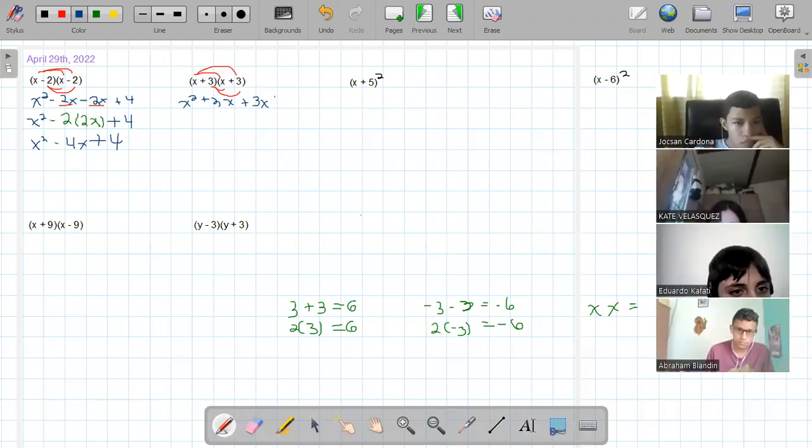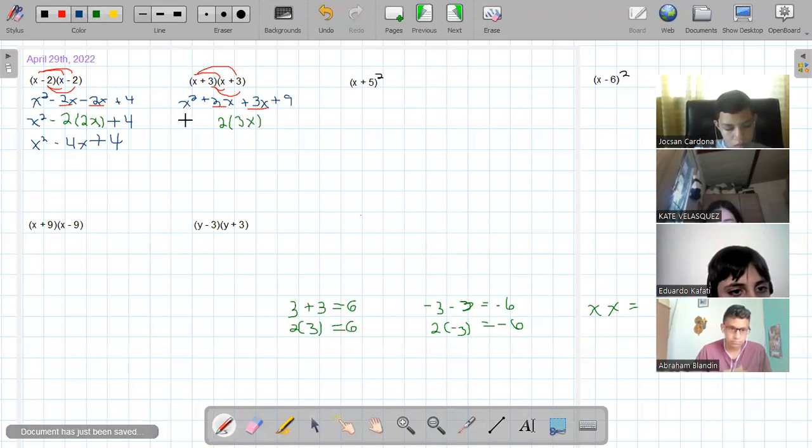So plus 9. And we said that middle terms are like terms, and since they are exactly the same term, I'm going to say that this is 2 times 3x. The middle part, I'm just going to rewrite it that way. This is a step that's not necessary. I'm just using it as an example so I can explain the next step.